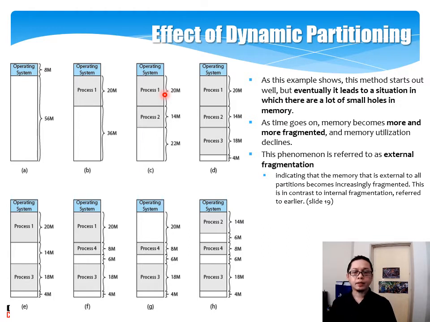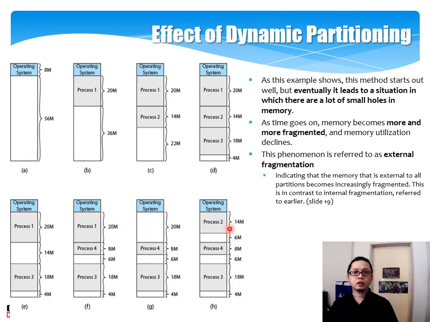But after a while, let's say you have 10 processes coming in, and perhaps the previous processes leave the memory partitions, you will be left with fragmentation of the remaining memory space. This is what is called external fragmentation. So let's say previously, like this one, you have 20 megabytes of space being used, and then after that, you are left with only 6.